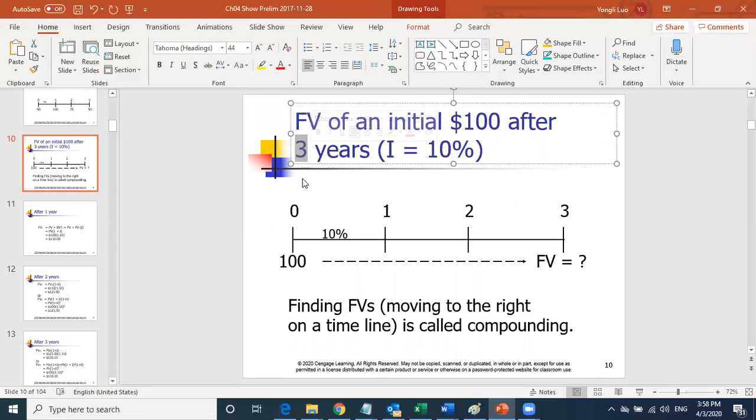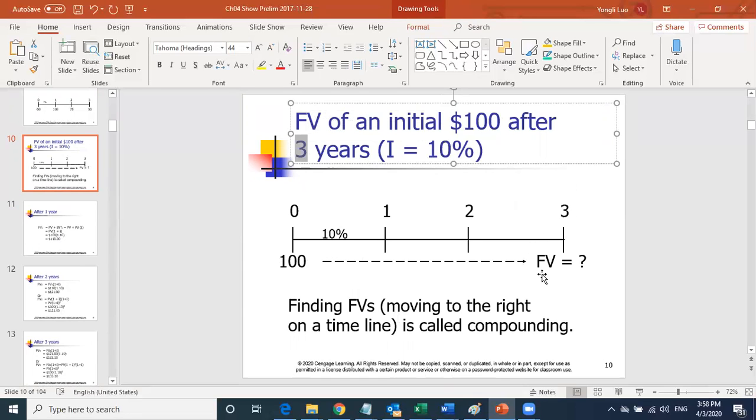Okay, this is gonna be a future value question. So I'm gonna give you an example. This is a future value question. You have $100 today. Okay, 10% interest.